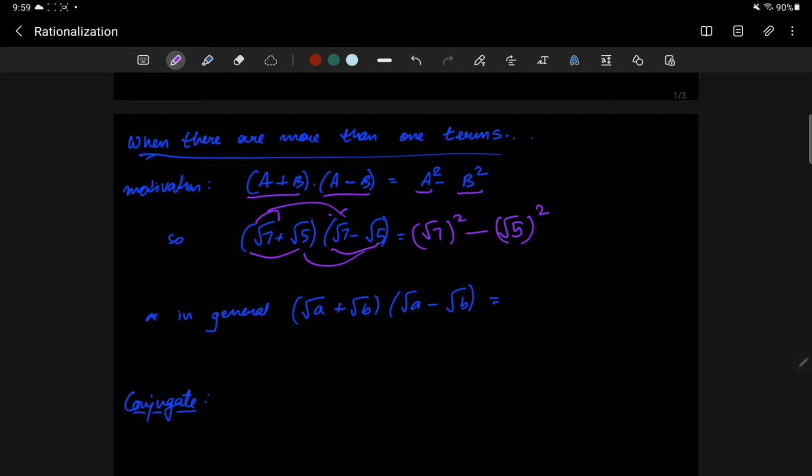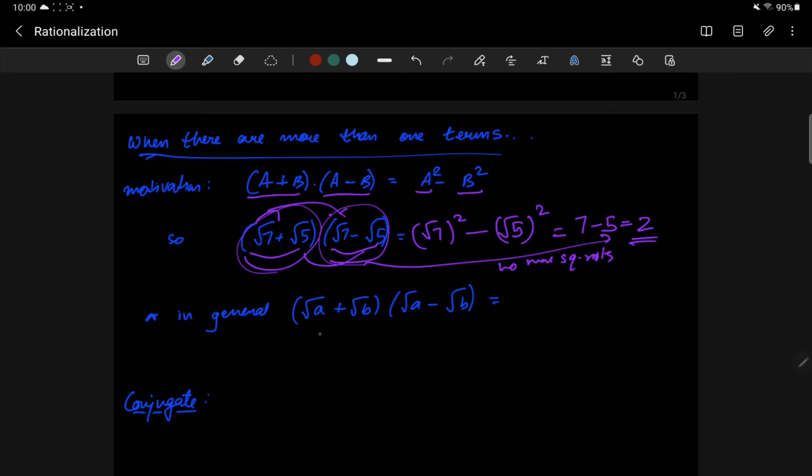It's helpful because we know that when you have a radical or square root and then you square it, they cancel each other's actions and you end up with the number inside, which is 7. So this is 7 minus 5, which is 2. So that is where it is useful. It gets rid of the square roots. If you can create this kind of a product somehow, then there are no more square roots.